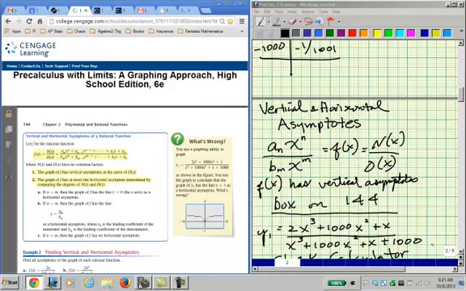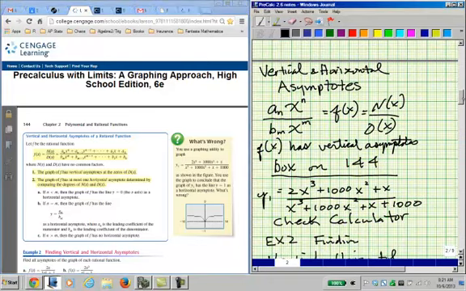The horizontal asymptote settles out to be 2, but it doesn't start out that way. So if you graph it with a window of -10 and 10, you're not going to see 2 as the horizontal asymptote. You can play with it in the calculator. I encourage you to play with it and see if you can figure out what's going on.